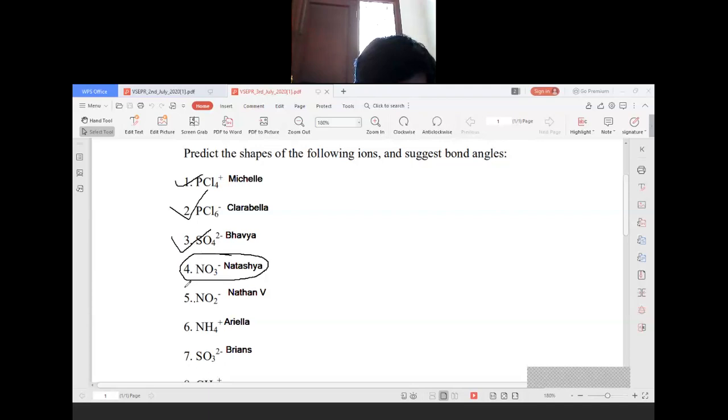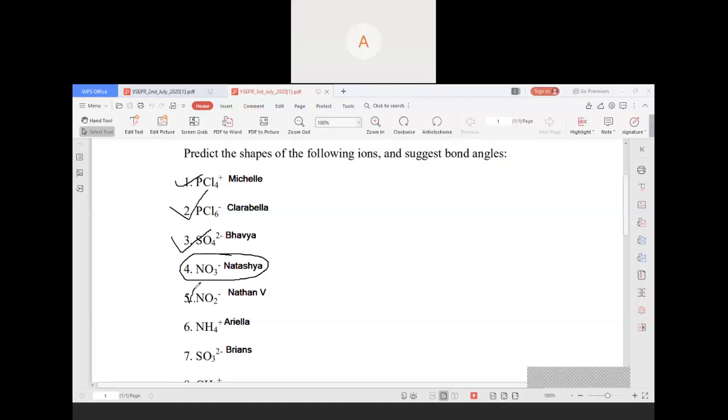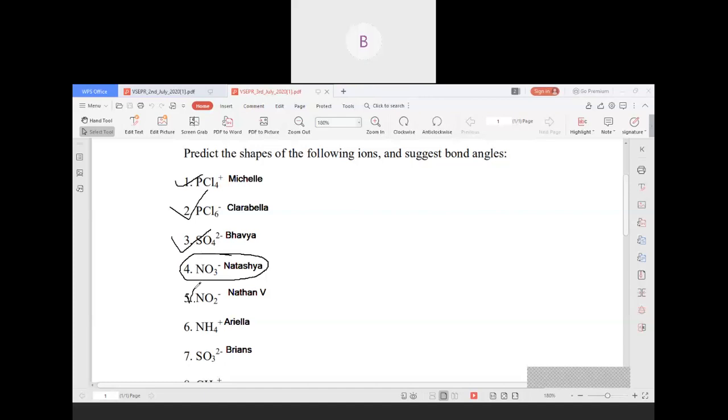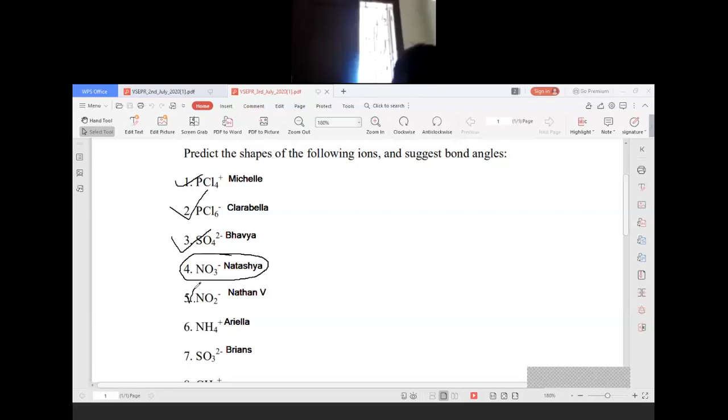Now Ariela. The shape is tetrahedral and the angle is 109.5. Yes, correct. And then Brian. I got 3 bond pairs and 1 lone pair.